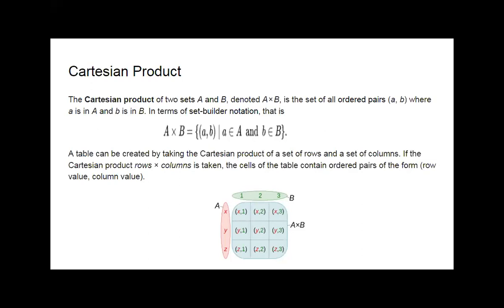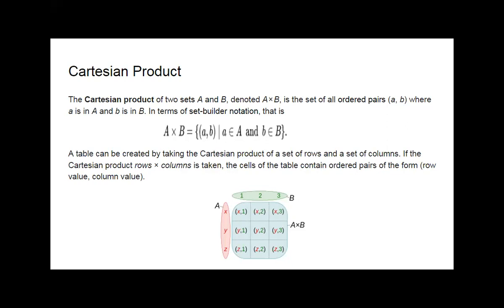Now we'll move further. A table can be created by taking the Cartesian product of a set of rows and a set of columns. If the Cartesian product rows cross columns is taken, the cells of the table contain ordered pairs of the form (row value, column value).